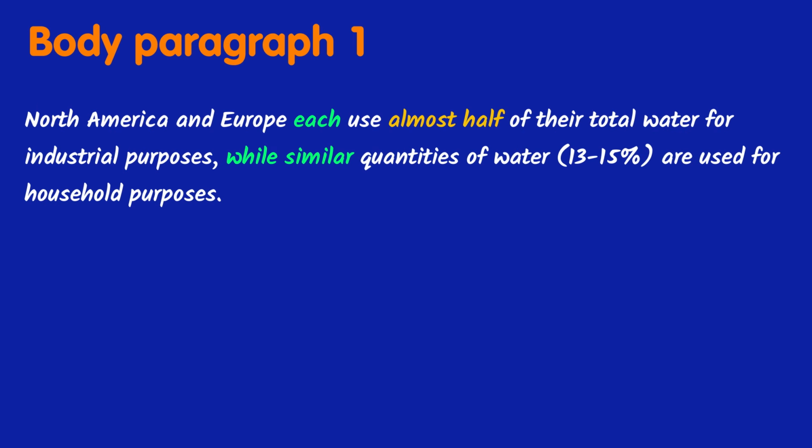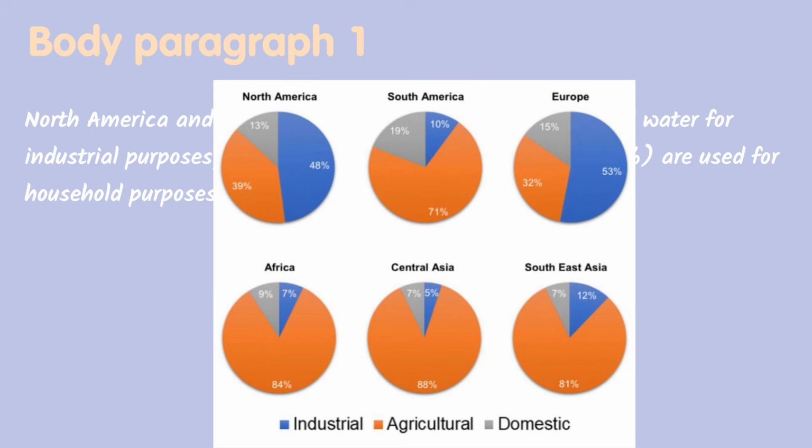So household, by household, I mean domestic, all right? So that's okay if you change the name of those purposes and you use synonyms for that. That's okay, no problem. Then let's take a look at Europe. Europe, almost 1/3 of its use is for agricultural or farming.